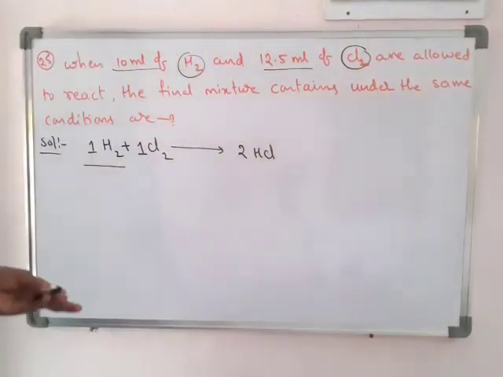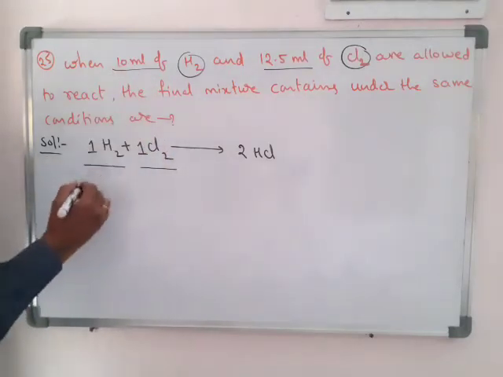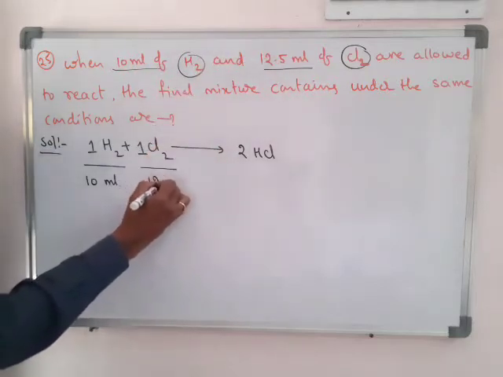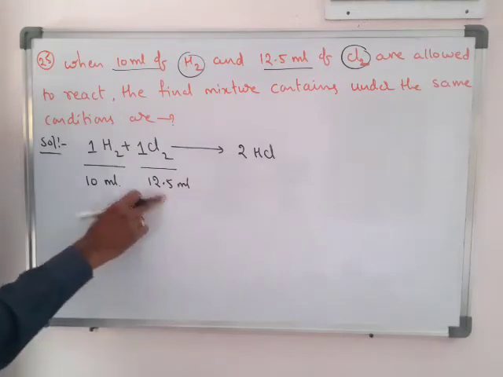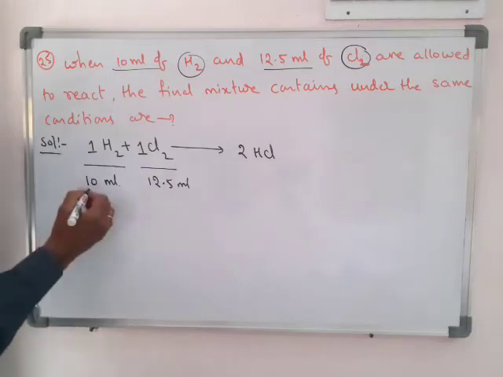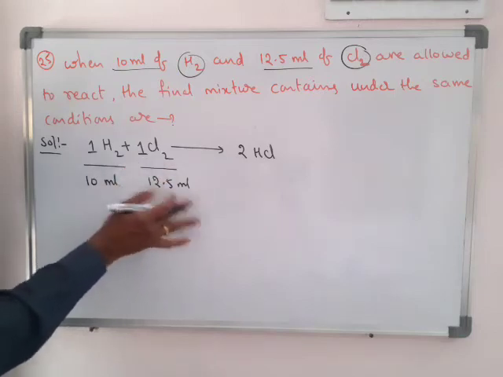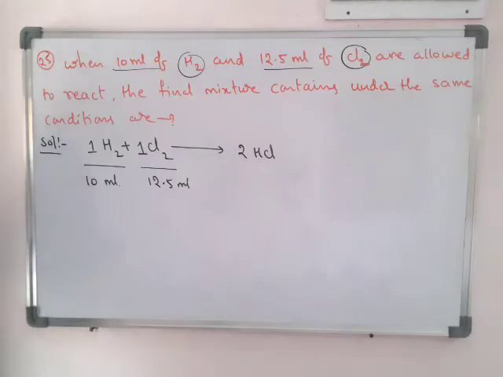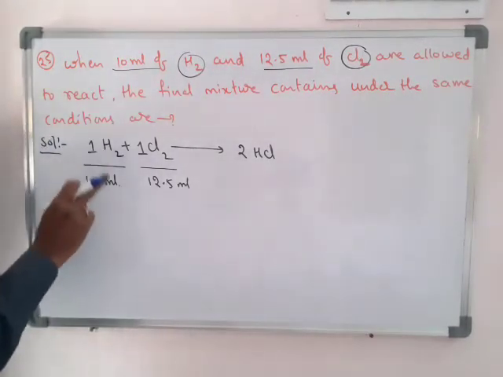So now compare the given values. Both are in a 1:1 ratio, but hydrogen is given as just 10 milliliters and chlorine as 12.5 milliliters. Volume is directly proportional to number of moles. So 10 milliliters reacts with 10 milliliters, and the remaining 2.5 of chlorine does not undergo reaction. Means here we can write the limiting reagent directly: 10 milliliters of H2. H2 is the limiting reagent.